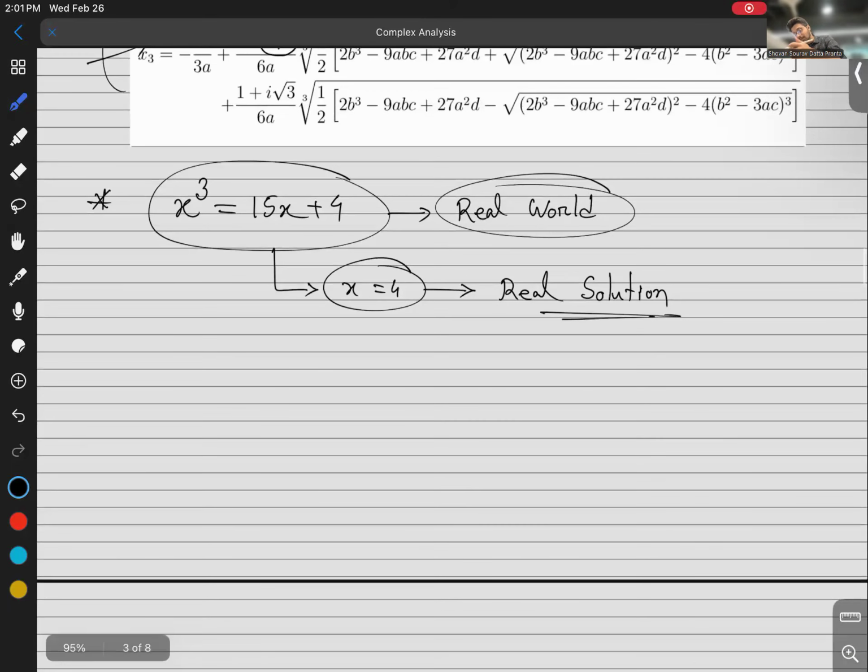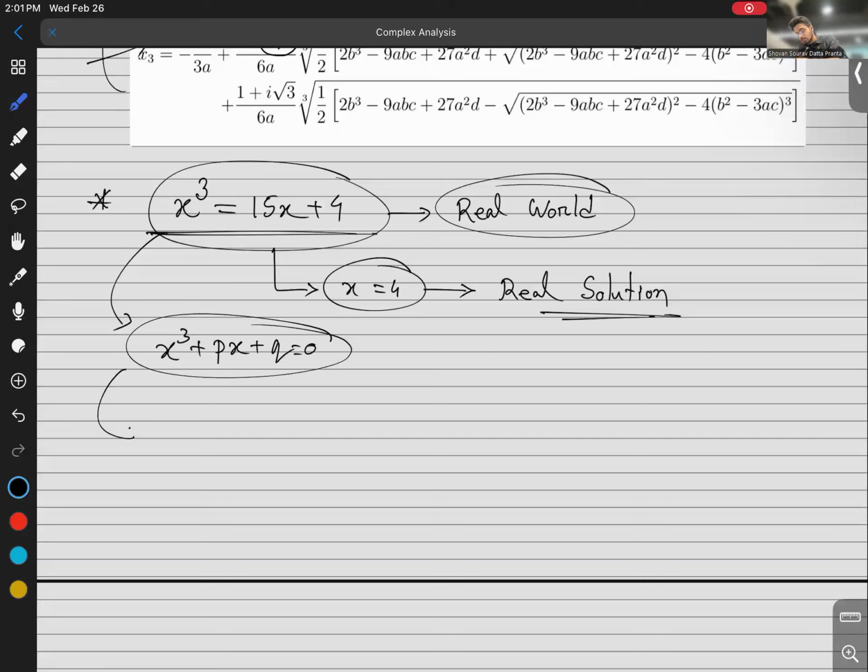Because if we just consider this equation as x cubed plus px plus q is equal to 0 and try to solve it using our depressed version solution, then we get something like cubic root of 2 plus root over 4 minus 125 plus cubic root of 2 minus root over 4 minus 125.